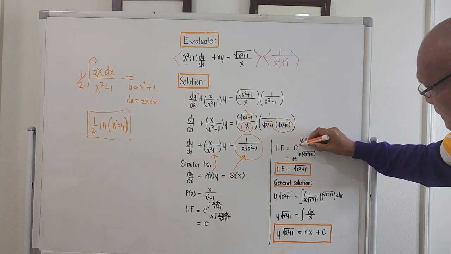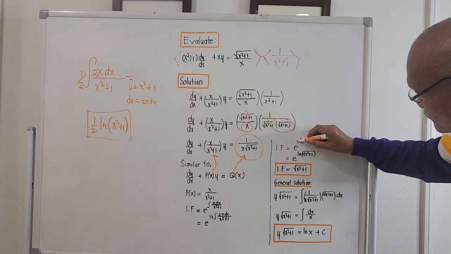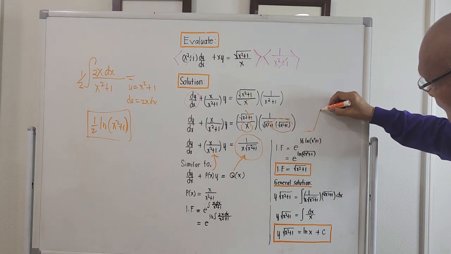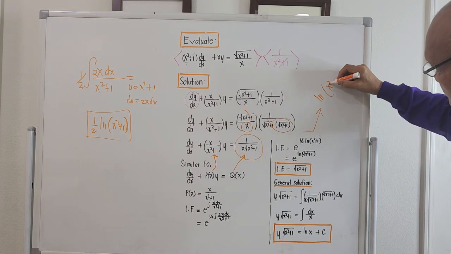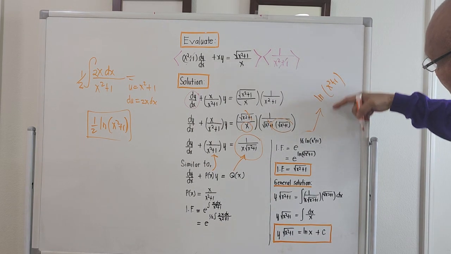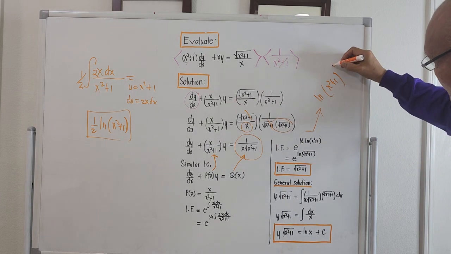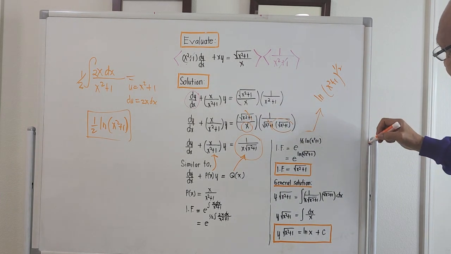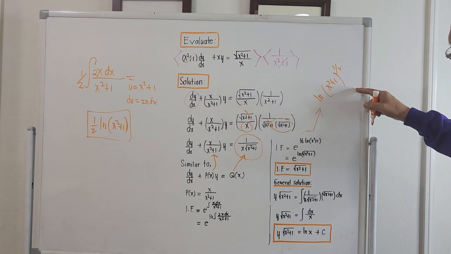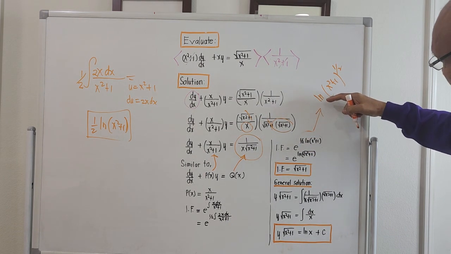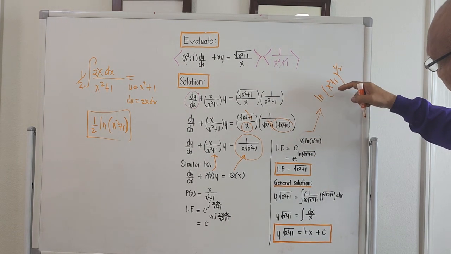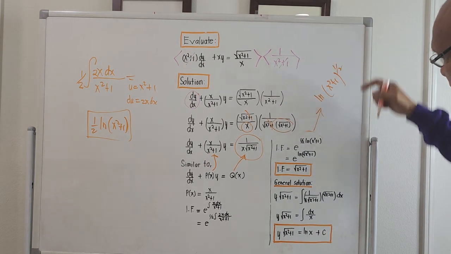If we follow the laws of logarithm, this can be written as the natural logarithm of x squared plus 1, where we put the 1 half on the exponent. If we simplify this one, it can be written as 1 half the natural logarithm of this, or simply the natural logarithm of x squared plus 1 raised to the 1 half.